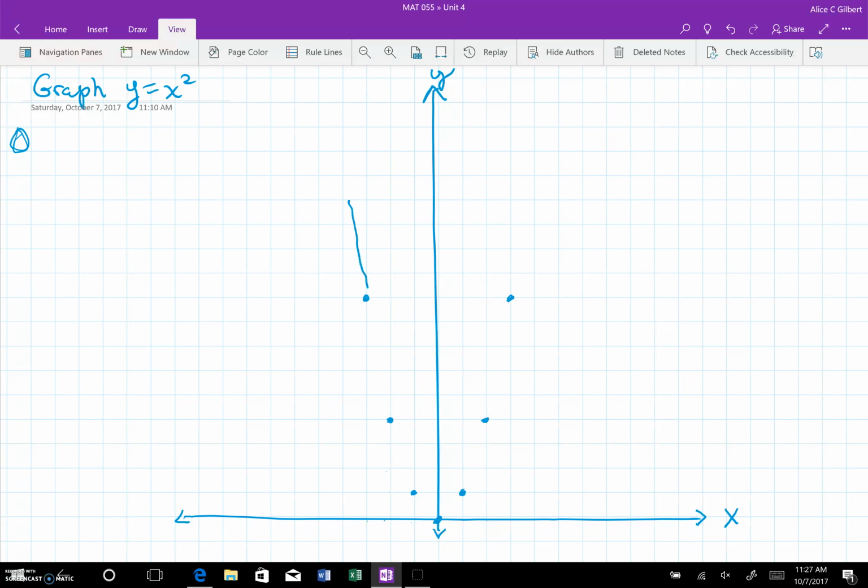So now I'm going to connect my dots and put arrows on this because these keep going in each direction forever. And then I'm going to label each of my points. All of my points must always be labeled.